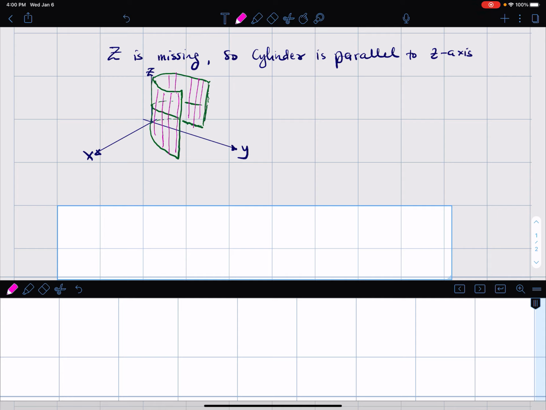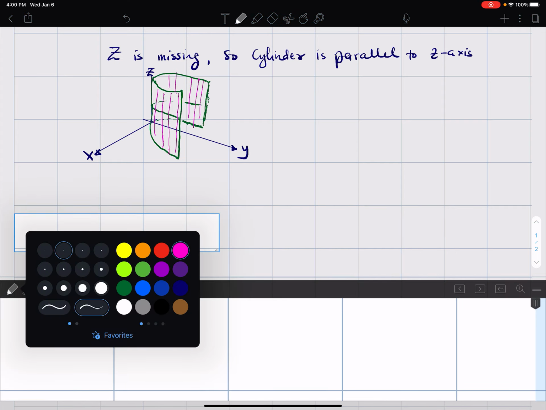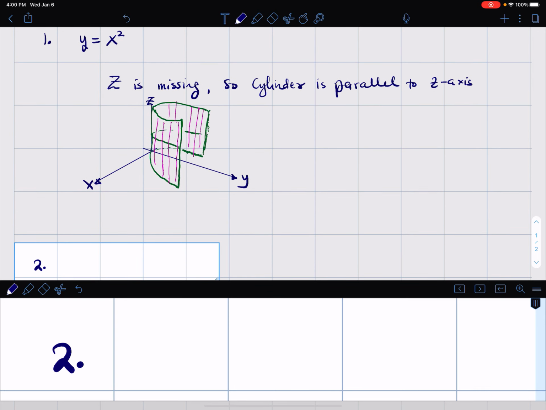How about let's do another one. Number 2. Let's sketch the cylinder z minus cosine y is equal to 0.